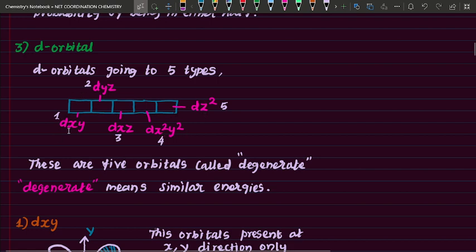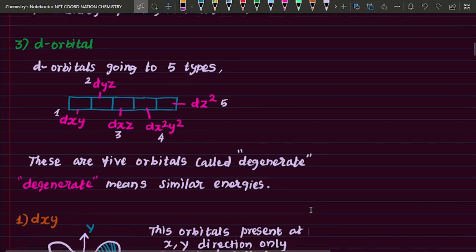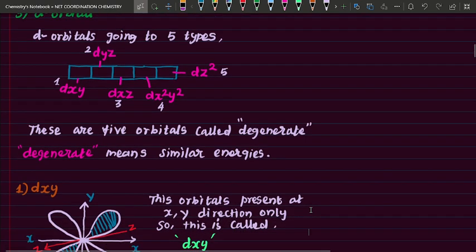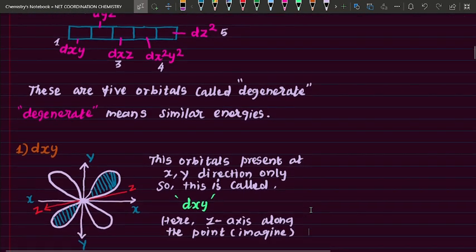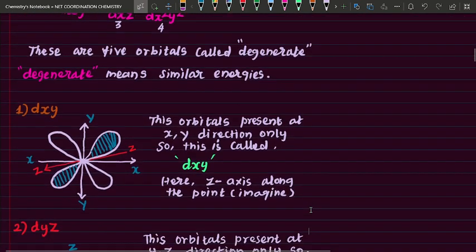These are 5 orbitals, called degenerate. Degenerate means similar or even energies.